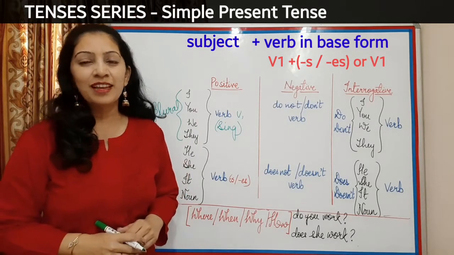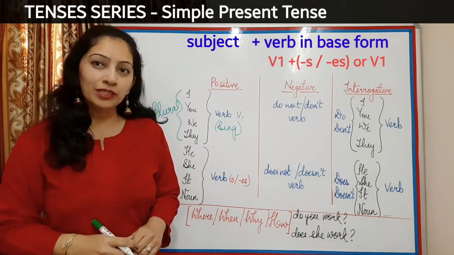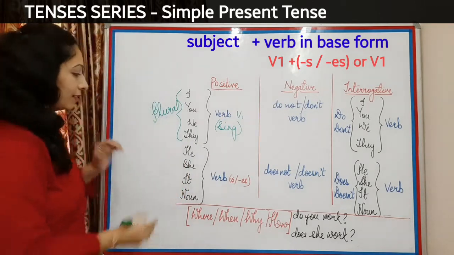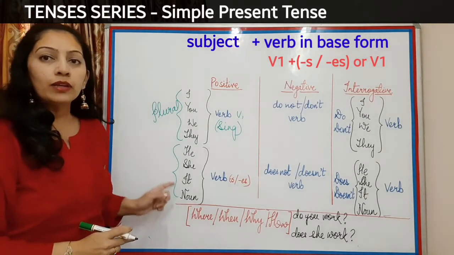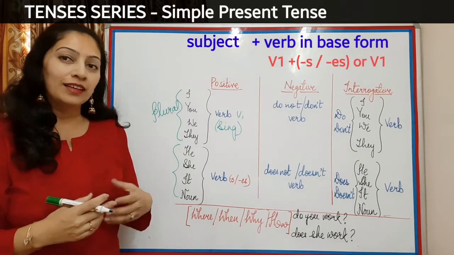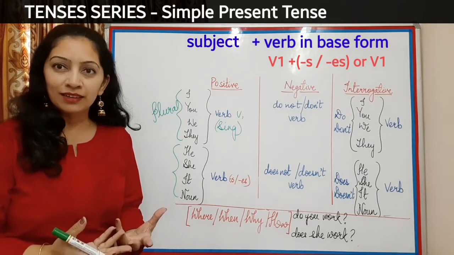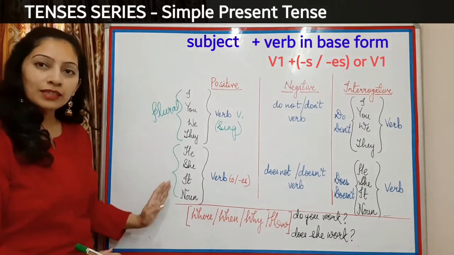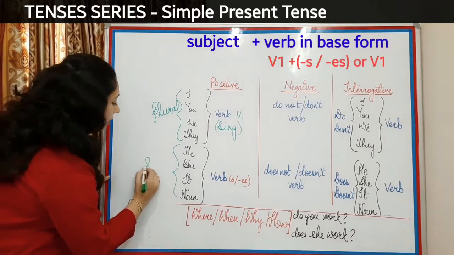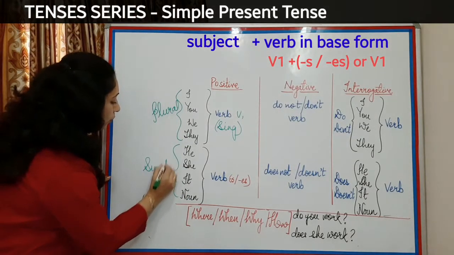Very simple. But when the subject becomes singular, like these pronouns, he, she, it, or anybody's name, like let's say Ravi or Meera or Raman, etc. So when you talk about these pronouns, they are taken as singular forms.